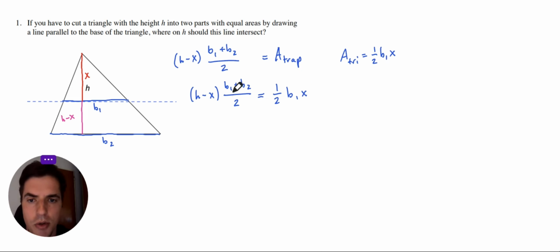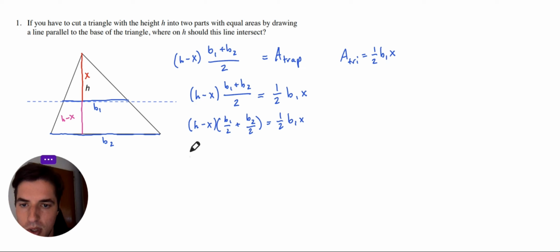So we're going to have to distribute here, which I don't often do with fractions like this, but we can separate this into two fractions and then distribute. We can FOIL. So b1 over 2 plus b2 over 2. And here we're fine. We could write this as b1x over 2, or as we had, 1/2 b1x.